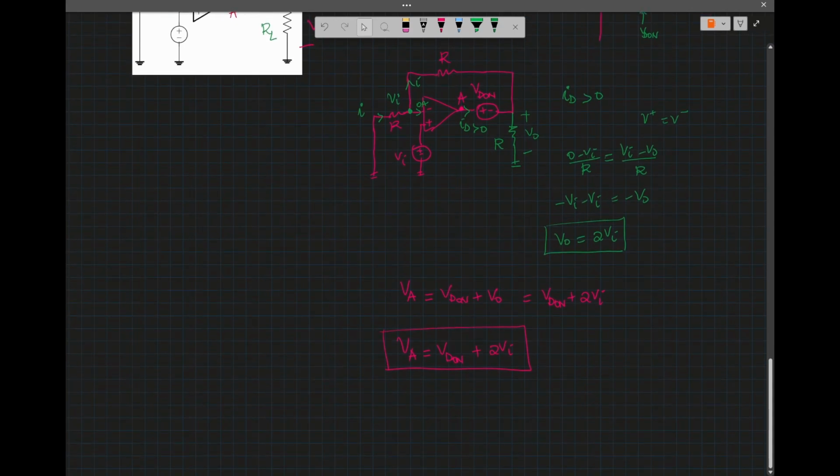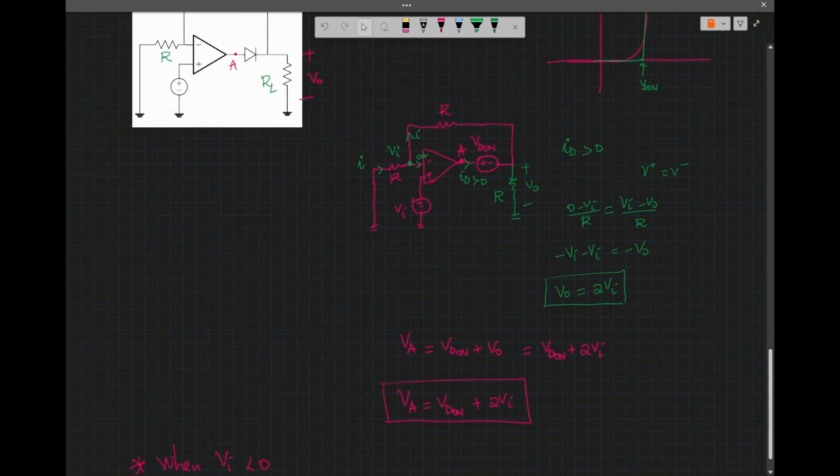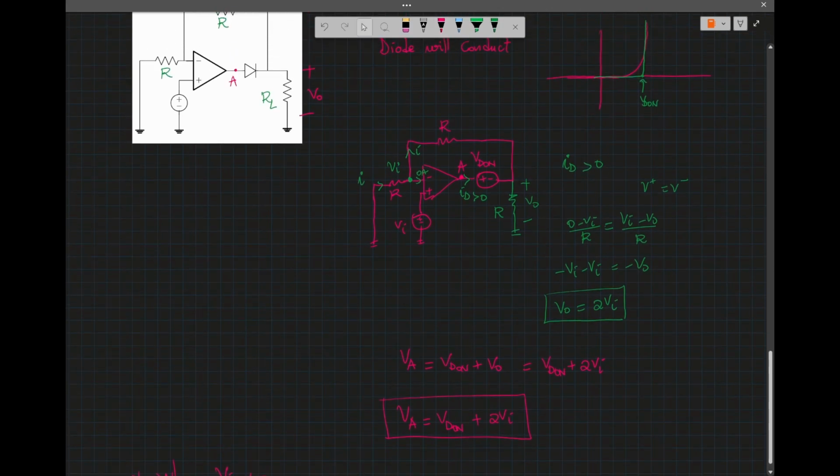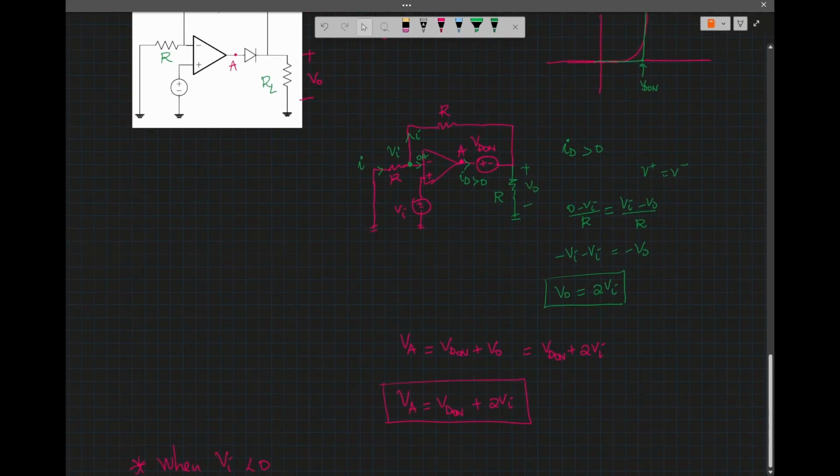Okay, so now when the input voltage, so this is the other condition. So when Vi is negative, I mean the voltage at point A will tend to be negative, right?